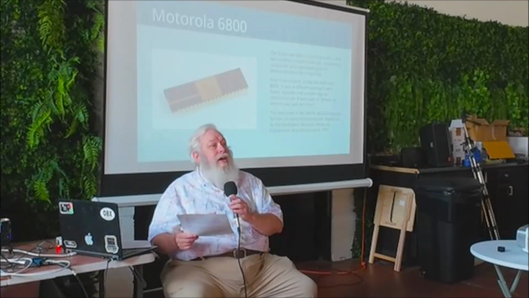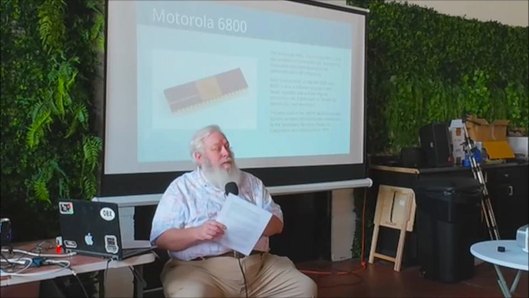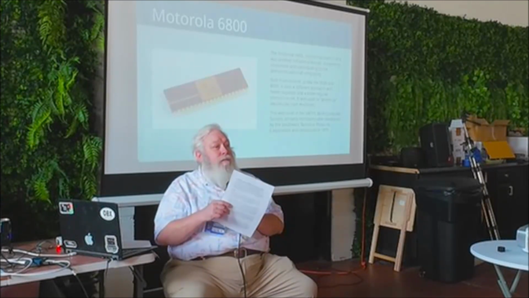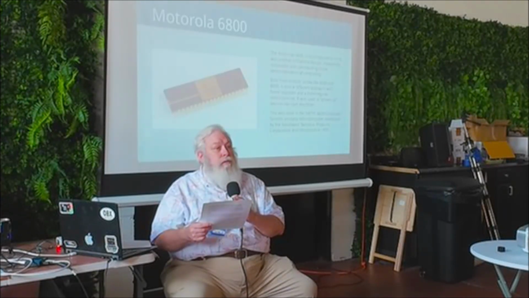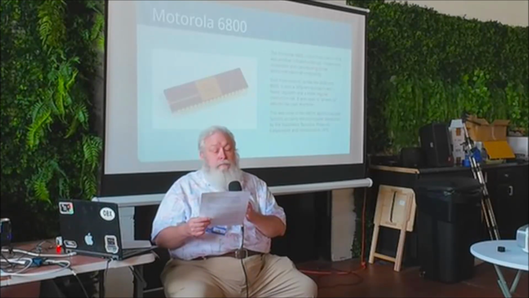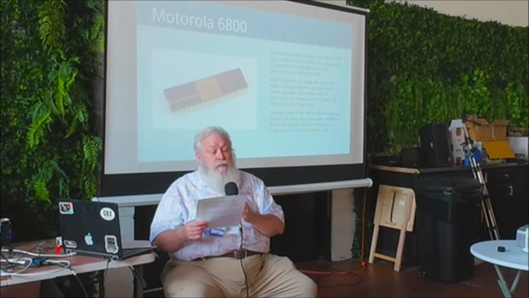You see a lot of that in the minicomputers like the PDP-11. One instruction's got 5 addressing modes. The 6800 is a lot like that. The biggest machine that it came out with early was the Southwest Technical Products Corporation's 6800. It was one of the first computers based on that processor.